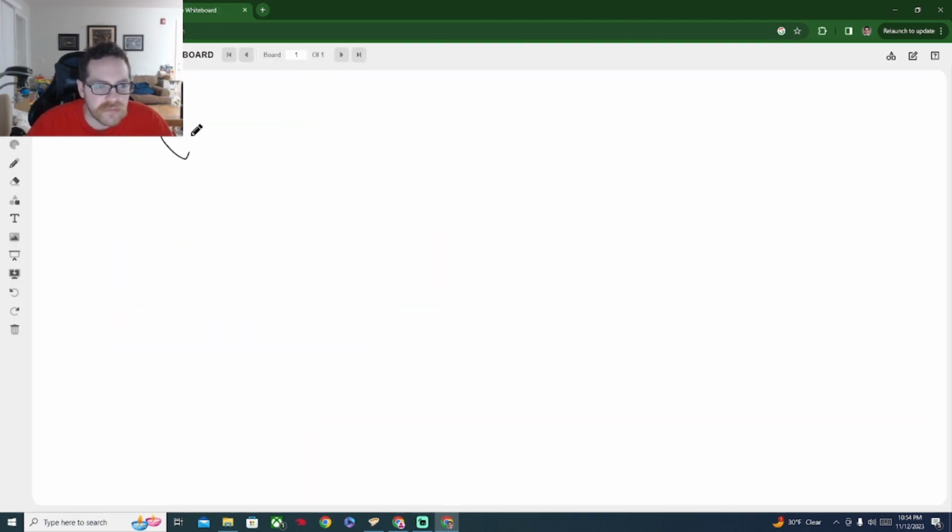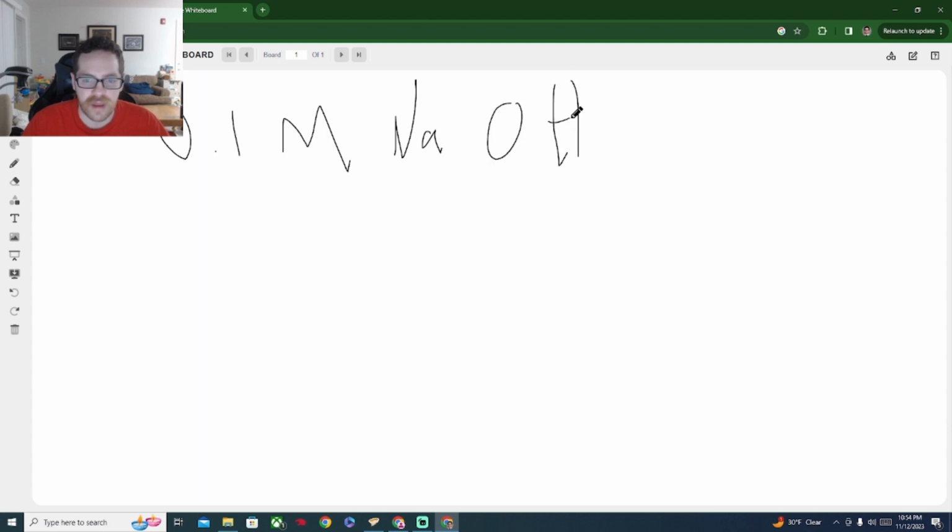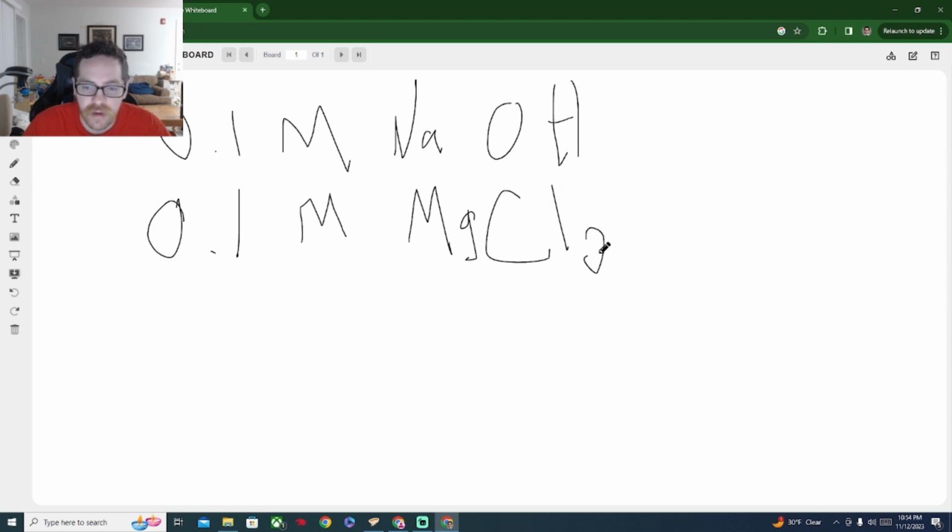If you have 0.1 molar NaOH, and in my dum-dum brain, I was thinking it was saying they have the same molarity. So you have 0.1 molar MgCl2. Right, in this case, if it is magnesium and hydroxide that are reacting, you need twice as much hydroxide.